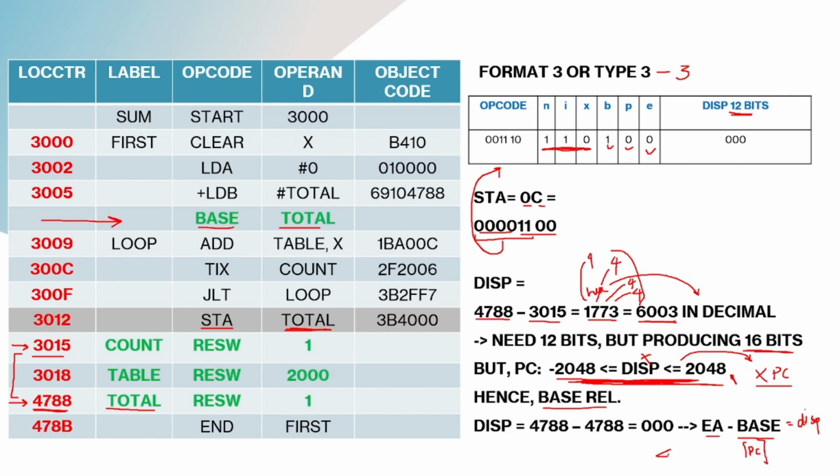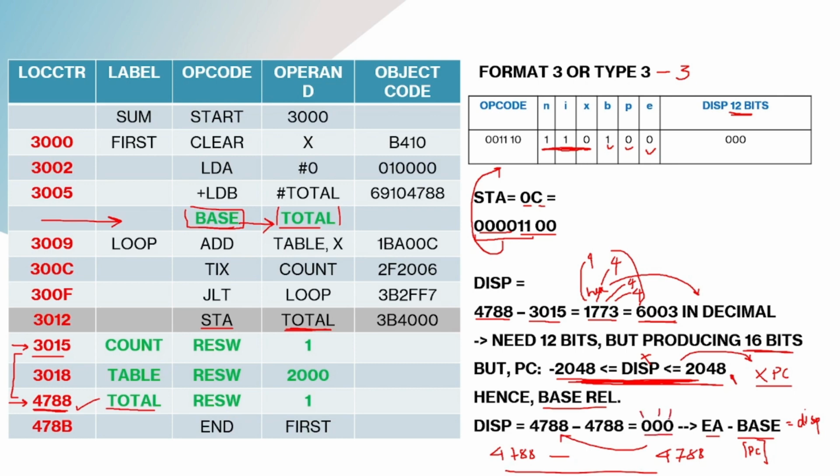So effective address is 4788, that's this thing. And what is the value of your base register? Base register, again, if you see right here in your code, is holding total. So going to the total label is again 4788 right here. So 4788 minus 4788 gives you zeros.